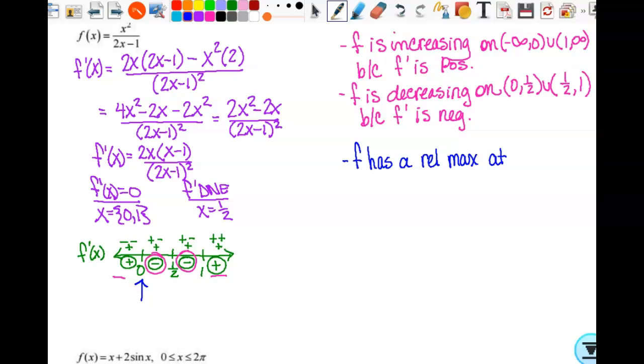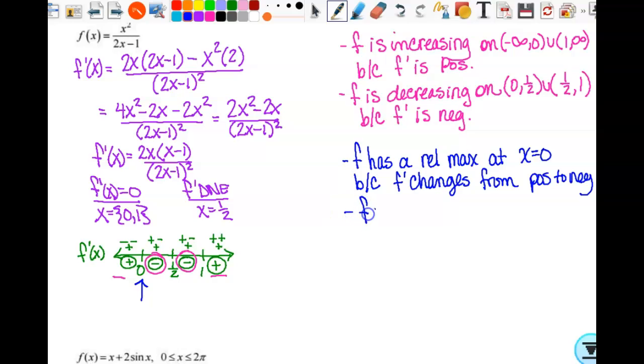Relative max at x equals 0, because f prime changes from positive to negative. You've got to be careful not to say just because it changes signs, right?